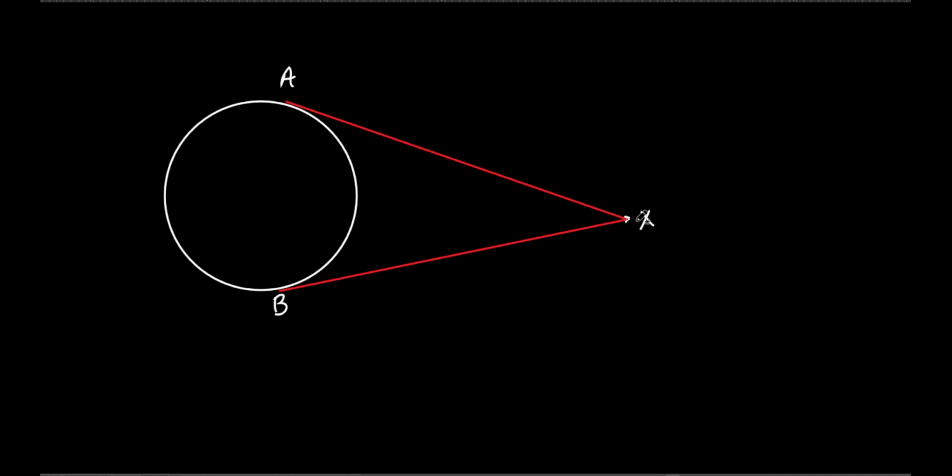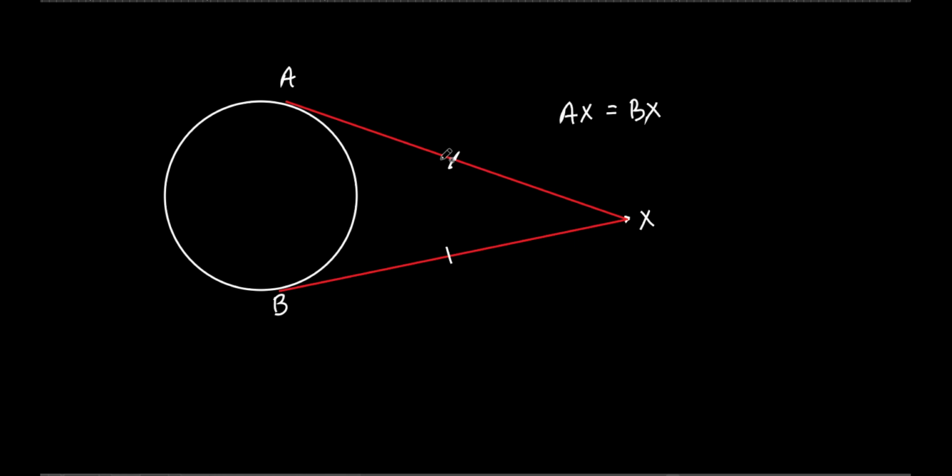It's on the outside of the circle. If I draw a tangent to the circle from X and I draw another tangent to the circle from X, then what's true about those two tangents? They are equal to each other. So I can say that AX is equal to BX. That's what the theorem says. You're going to use that quite a bit. That comes in handy a lot. So keep that in mind.